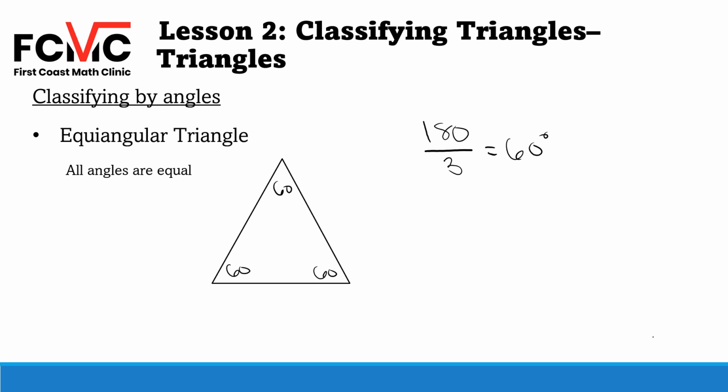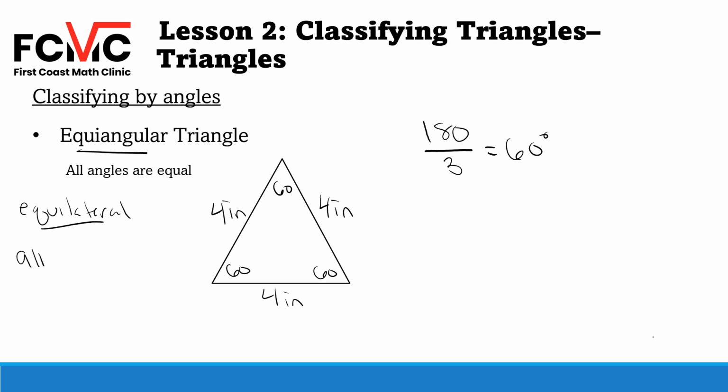Now some other information about this triangle, right? If we have an equiangular triangle, then all the sides are going to be equal. So we can make this maybe like 4 inches, 4 inches, and 4 inches. Now, if all the sides are equal, it's also going to be equilateral. So if we have an equiangular triangle, it's also going to be equilateral.